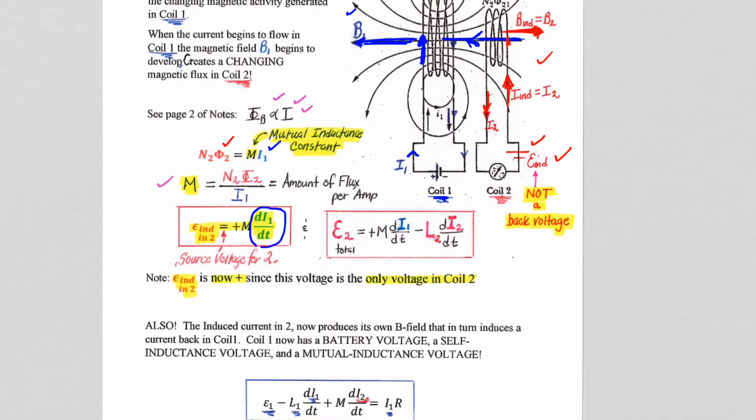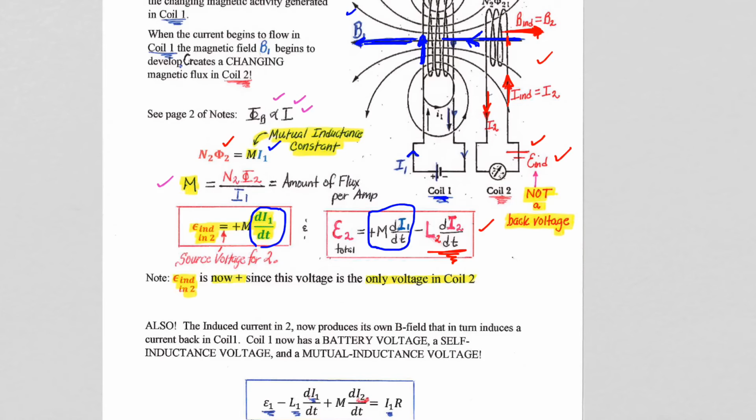Technically, we have to remember that coil 1 has self-inductance itself. So the total voltage seen in coil 2 comes from what coil 1 is doing. This is our primary term, and the secondary term in coil 2 will be based on the self-inductance and the fact that coil 2 is going to try to shut down its own effect.